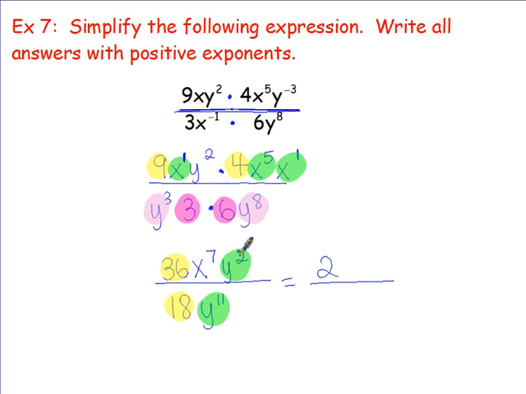Where's the bigger amount? On the bottom. Those 9 y's go on the bottom. Is there any other like terms? No. Is there anything left? Yes. This x just stays on the top over here. And that is a done problem. That's the hardest you're going to see, and I'll see you in class.